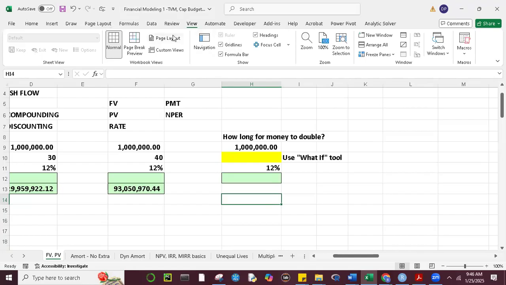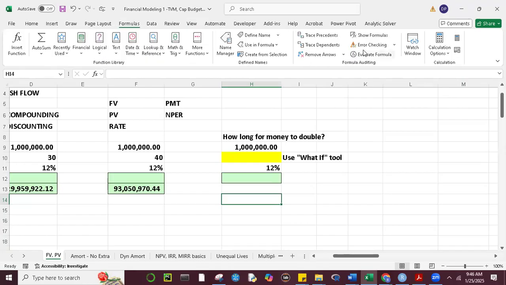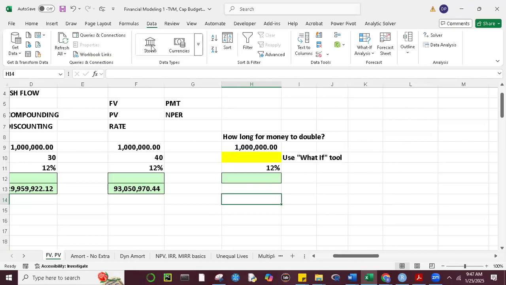Before, it used to be in Data. Here it is. I could not find the Data Tools at first. Okay, it should be What-If Analysis.